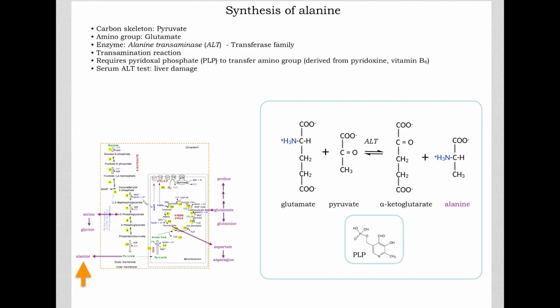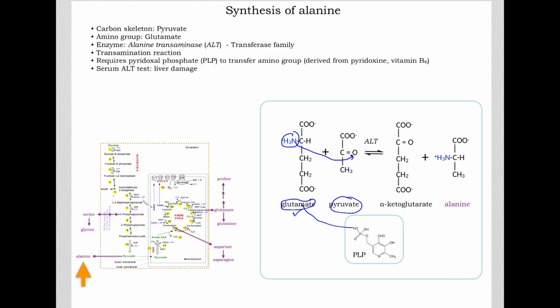So what's a transamination reaction? In a transamination reaction, an amino acid will provide the amine group to a keto acid. In this case the keto acid is pyruvate, the amino acid is glutamate.